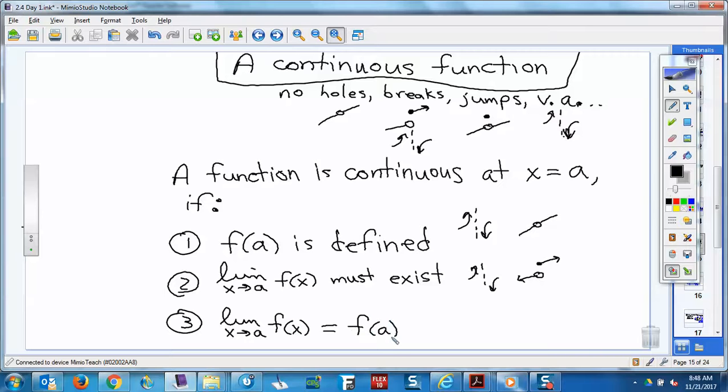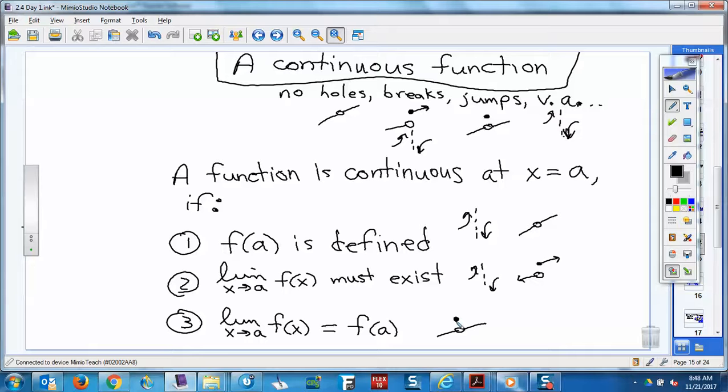Those two have to be the same. Where the cars are meeting has to be the same as where the output is. Then it would be nice and smooth and you'd never lift your pencil. So the jump is what violates that.